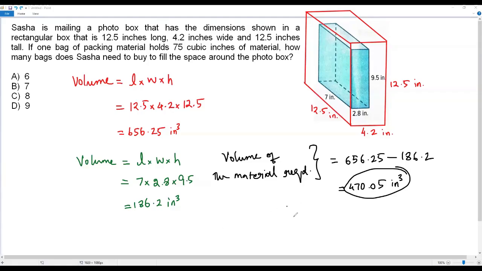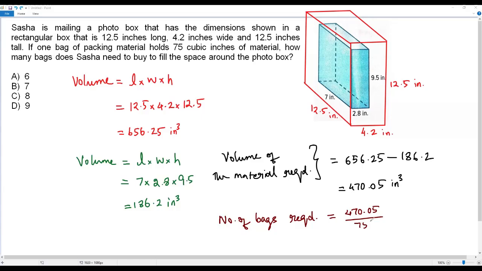We already know that one bag of packing material holds 75 cubic inches. So how many bags do we need to fill this space of 470.05 cubic inches? I have to divide this volume by the volume of material in one bag. So the number of bags required equals 470.05 divided by 75 cubic inches.